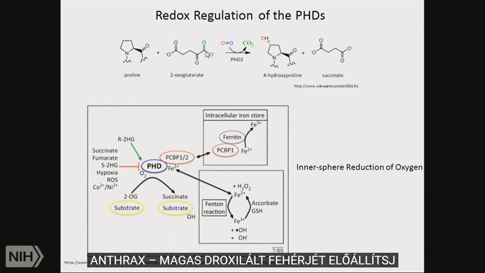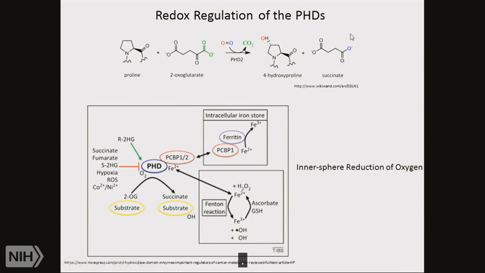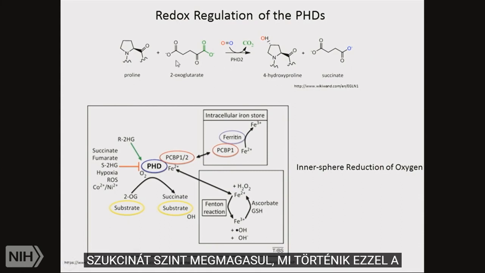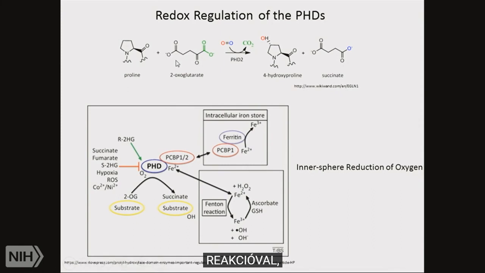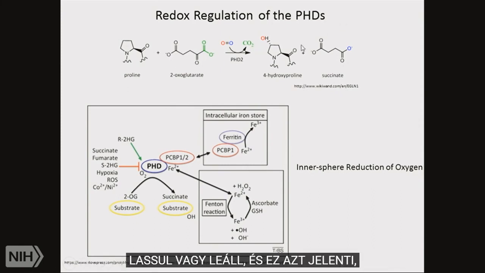So because this is a biochemical reaction, what you can imagine is that if the succinate levels go way high and the alpha-ketoglutarate levels go way down, what will happen to this reaction? It'll slow or stop. And that means that the ability of the PHDs to prolyl hydroxylate goes down.